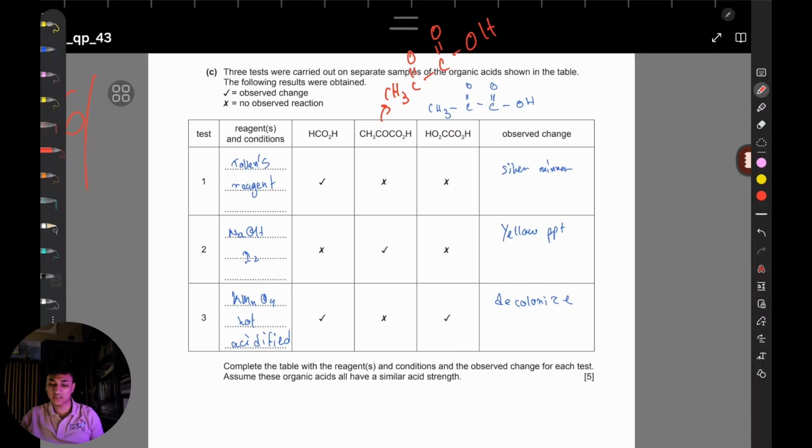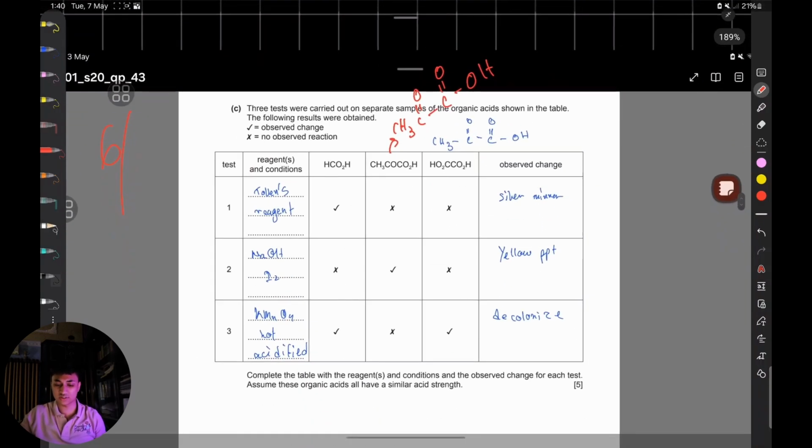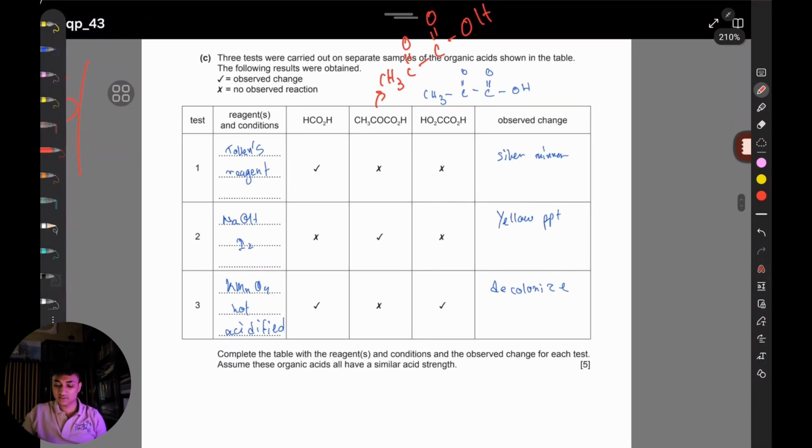In the case of ethane dioic acid, it needs a strong oxidizing agent. Now, for methanoic acid, you're going to add Tollens reagent or Fehling solution. Both are going to give you 2 different results. With Tollens reagent, you're going to form a silver mirror. With Fehling solution, it's going to give you a brick red PPT. So your methanoic acid is going to be oxidized, and it's not going to react with the carbonyl group, carboxylic acid or ethane dioic acid, because it's a mild oxidizing agent.